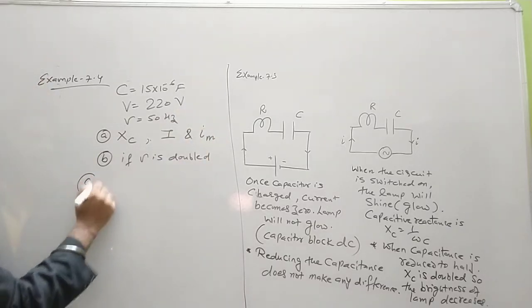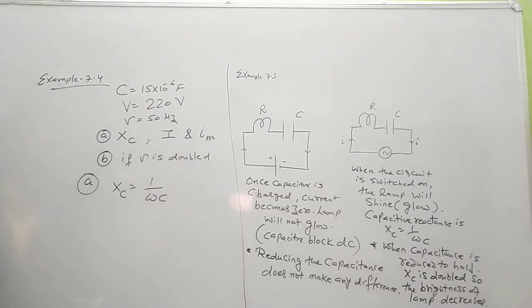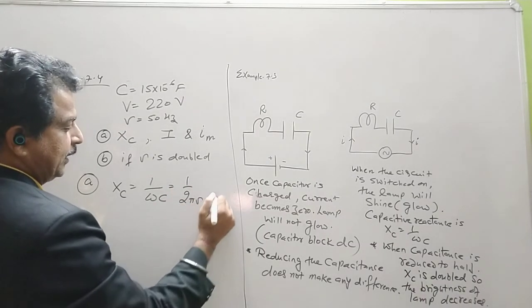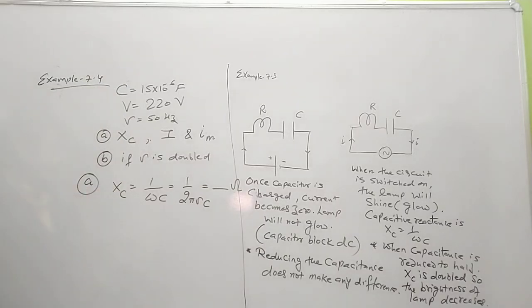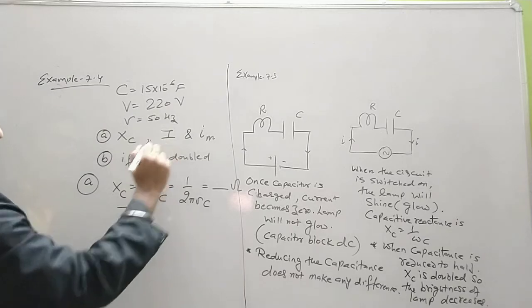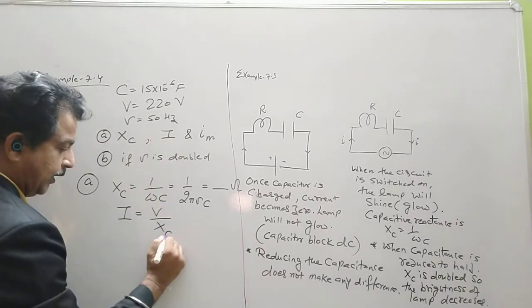In the first case, Xc is equal to 1 upon omega C. So this is equal to 1 upon 2 pi nu C. You substitute this value and find the capacitive reactance. Then IRMS is equal to V upon Xc.